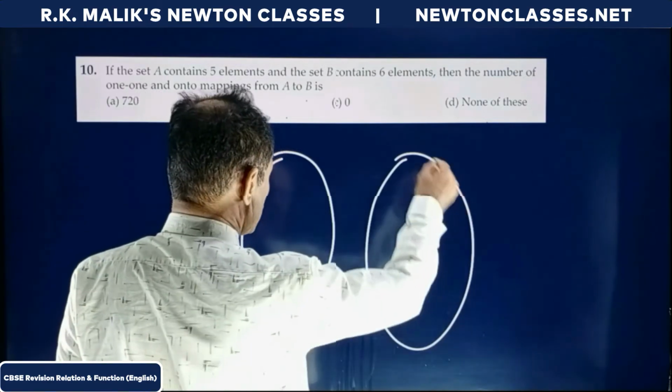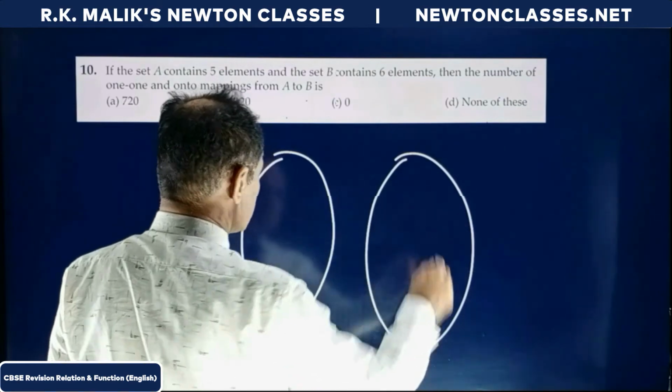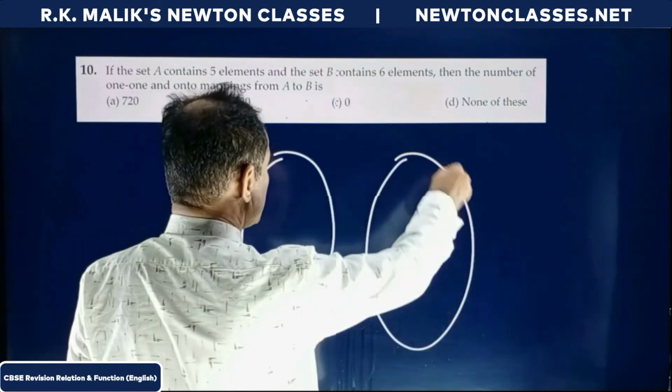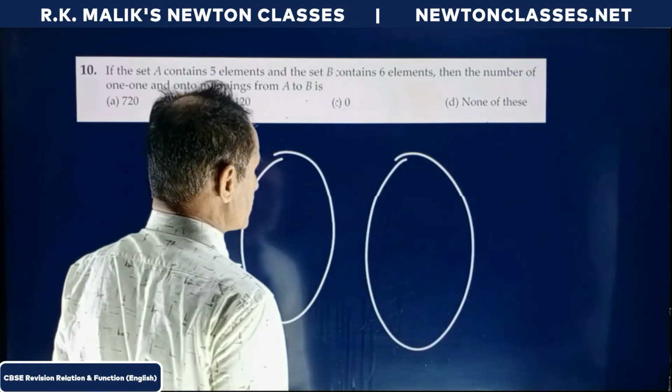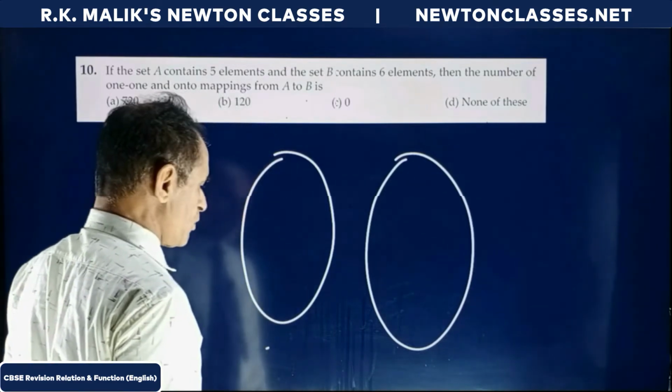That is, there should not be any element in the codomain on which no arrow is reaching. If there is an element in the codomain on which no arrow is reaching, then the function will not be onto. You must be knowing about it.